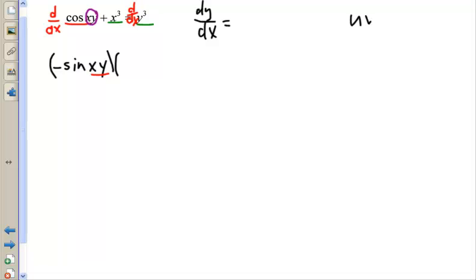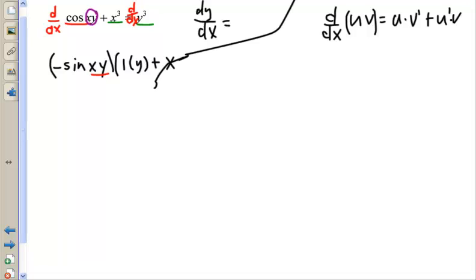If I have u times v, and I take the derivative of this, then I get u times v prime plus u prime times v, or the other order of that. So what we've got then is 1 times y plus x times the derivative of y, and the derivative of y is dy dx.